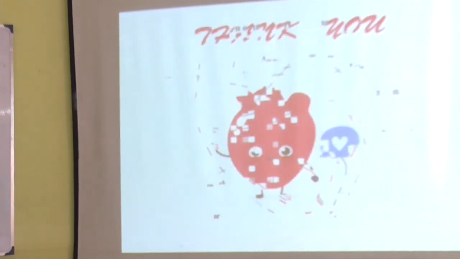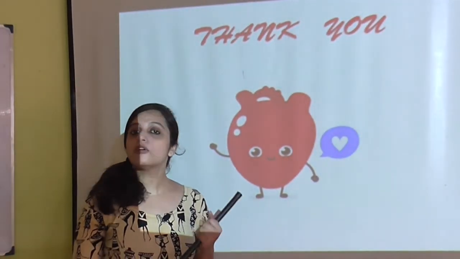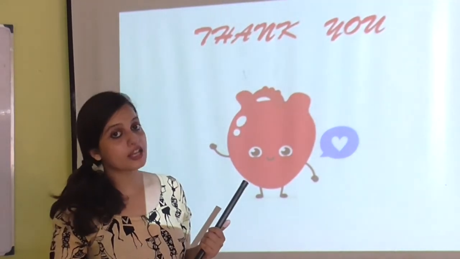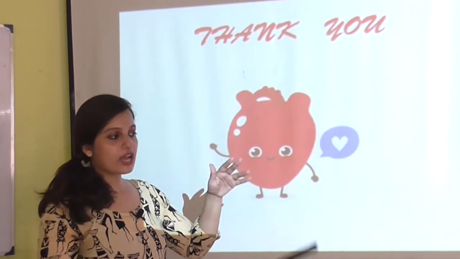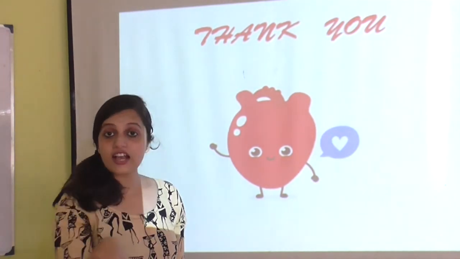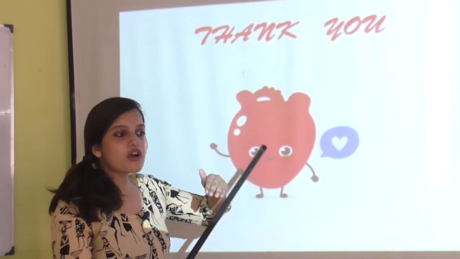Now after this, there are some topics which are not present in your book, but you have to know them, that is heartbeat and heart pulse. So what is heartbeat? In the first slide, you have seen the structure of the heart and the valves. So what happens when the valves move?